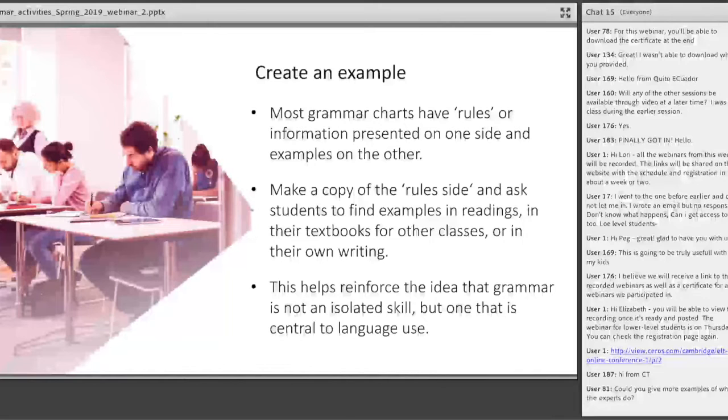So I think this would be a really nice example where the students are finding the examples, and then you can look at the examples that were presented in the textbook. I think this is a really nice way to help avoid some of that decontextualized grammar instruction. And it also engages the students. They're finding the examples. They're having to look. They're having to think: how can I find this?